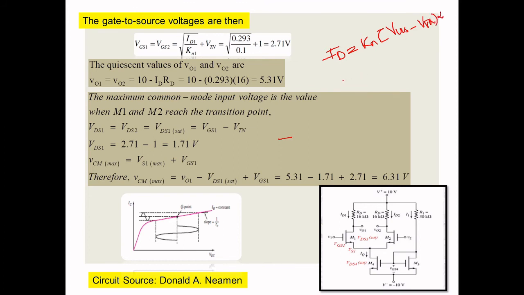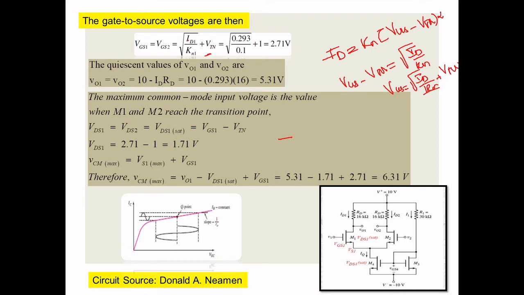We can rewrite it as VGS minus VTN equals the square root of ID by Kn. So VGS will be the square root of ID by Kn plus VTN. This gives this equation.